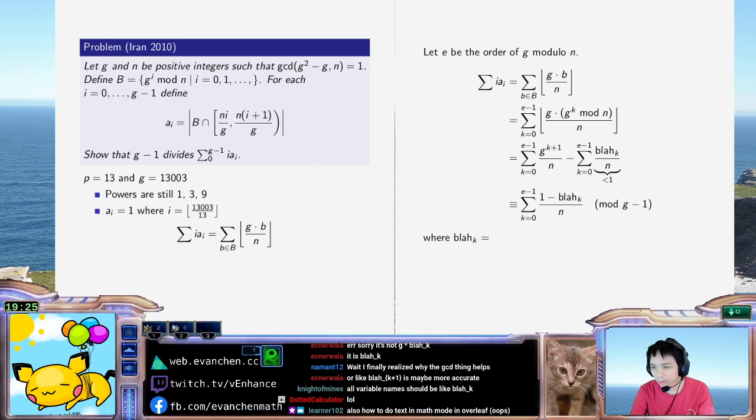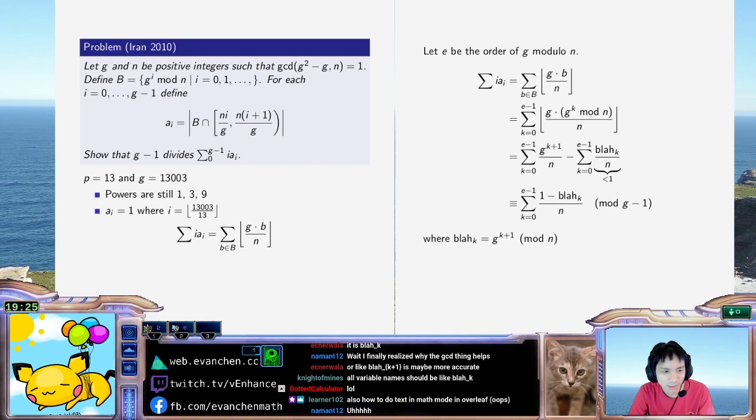So the point is that it's the remainder when G plus 1 mod K is divided by n, right? And it's reasonably okay.